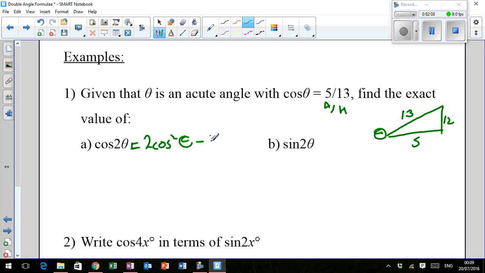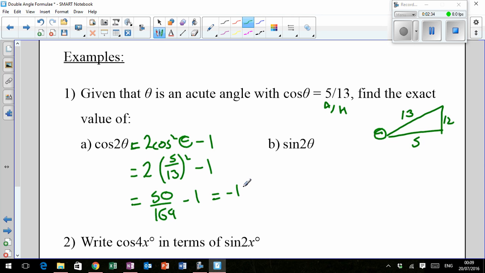Okay, so subtract 1, which means we're doing 2 times 5/13 squared, subtract 1. Okay, so 5/13 squared is 25/169, times 2 is 50/169, subtract a whole, which is going to be negative 119/169. Okay, so the value of cos 2 theta in this case is negative 119/169.